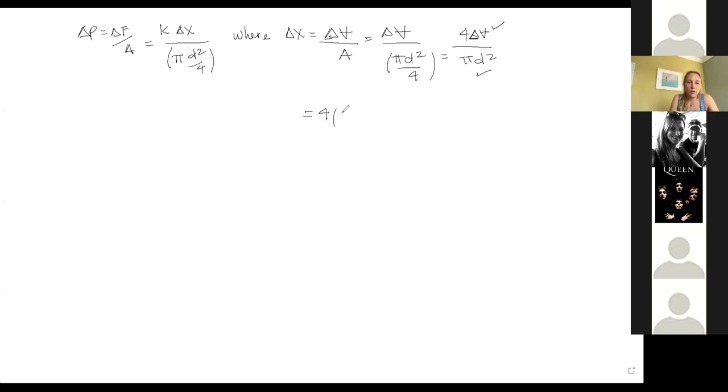Our total volume final was 0.03066 cubic meter, and our volume initial was 0.02169 cubic meter. Our pi value and then our diameter is 0.3 meters. That was given in the problem statement, and we need that squared. So I got this to be 0.123 meters as our change in x.